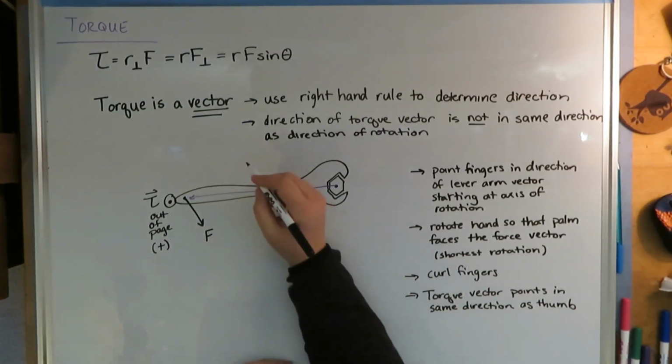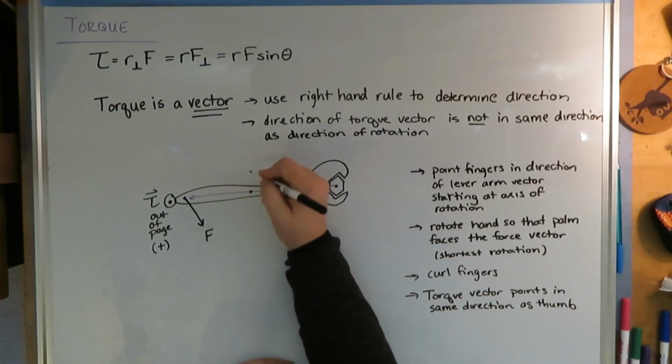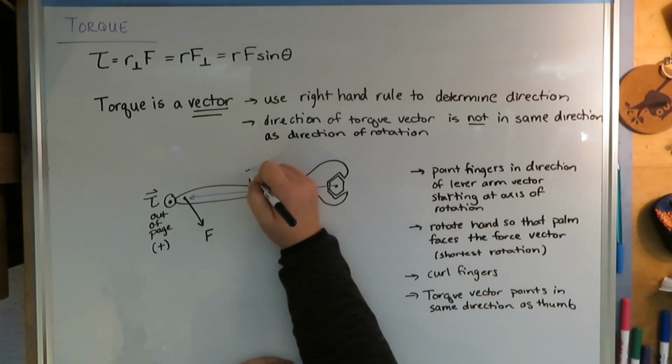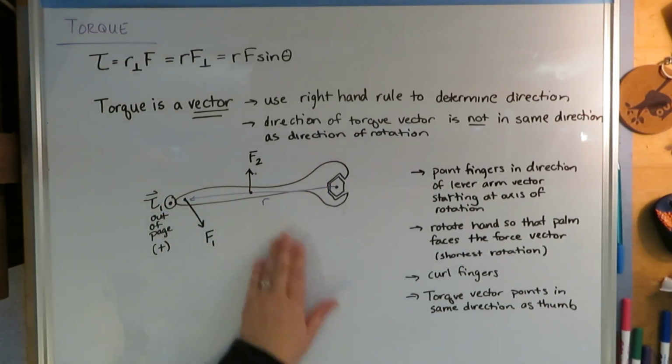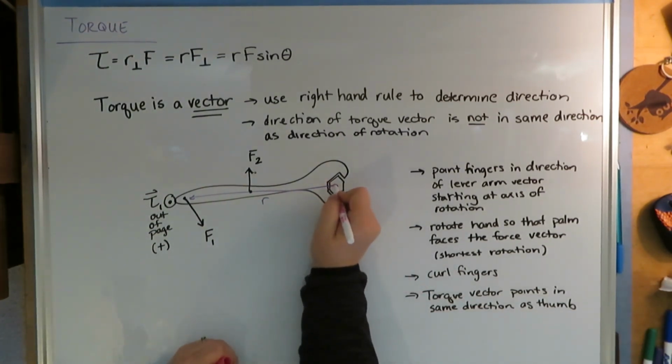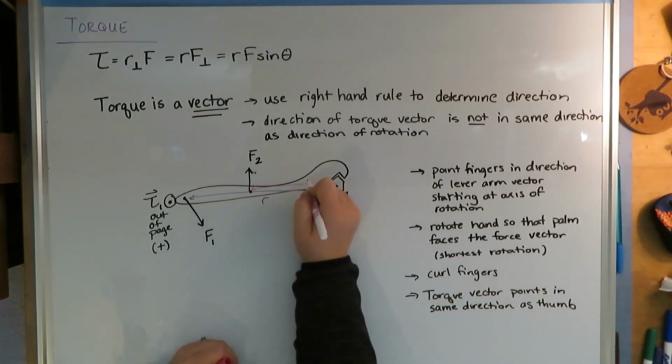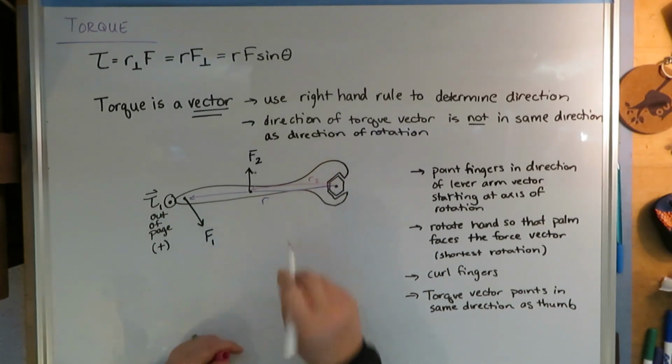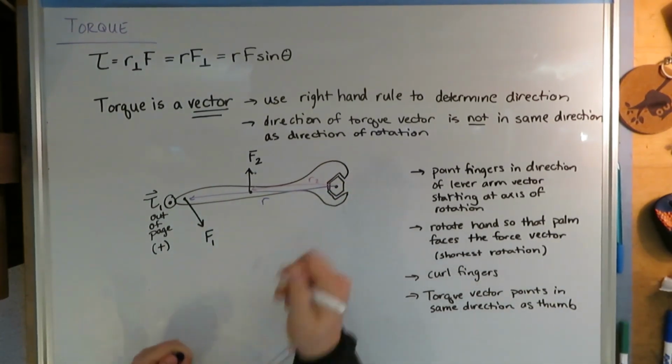So let's say I had a different force, and I was applying that force here. So this was F1, torque 1, and this is F2, being applied there. I would need a vector for its lever arm, which would be that vector there. So this would be R2, this would be R1.